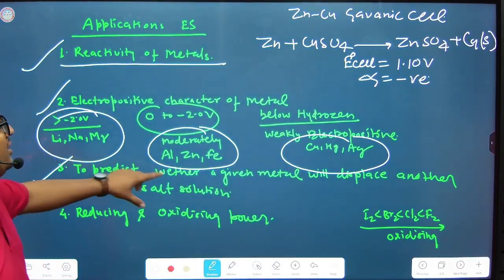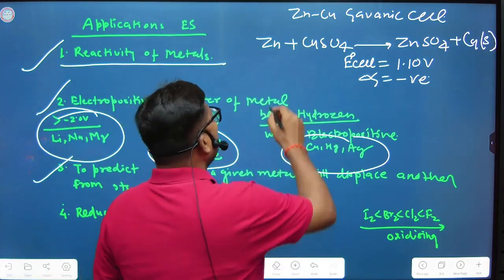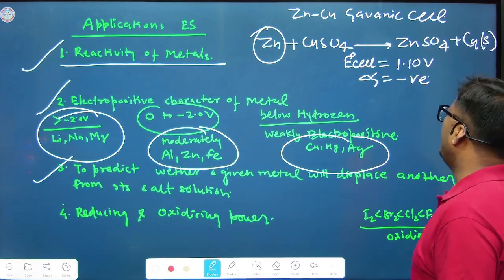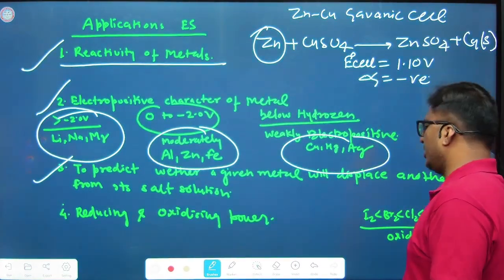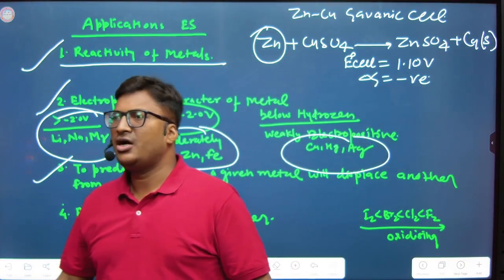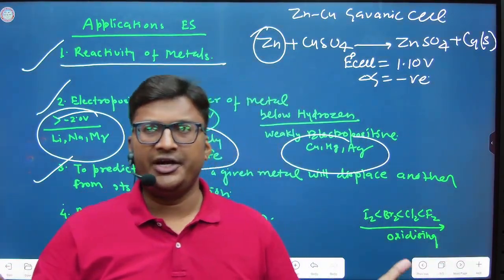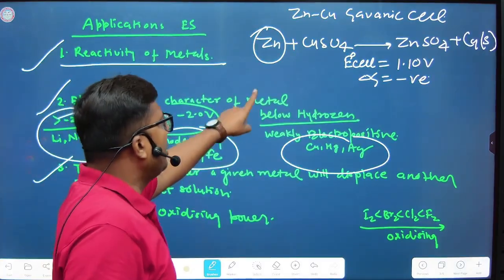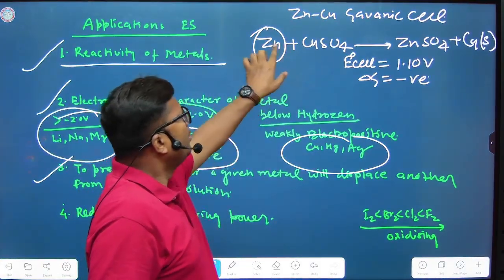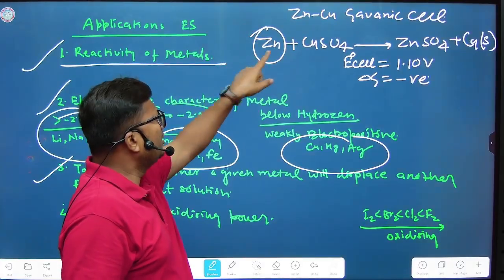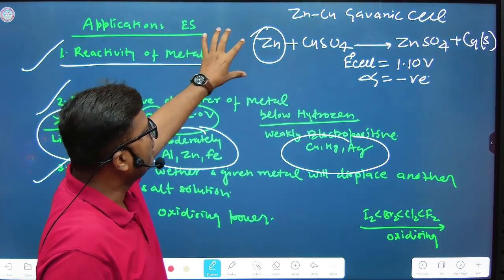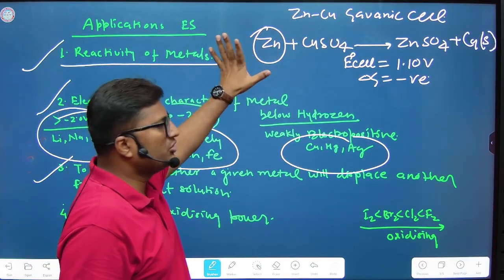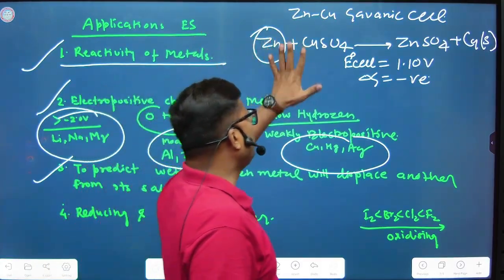What is this third point? To predict whether a given metal, suppose here this is a zinc rod, so zinc metal, is dipped into the copper sulfate solution, right? Once the zinc rod is inserted in copper sulfate solution, what happens? Because its standard reduction potential is more negative than that of copper, it is highly reactive. So zinc is highly reactive compared to copper.